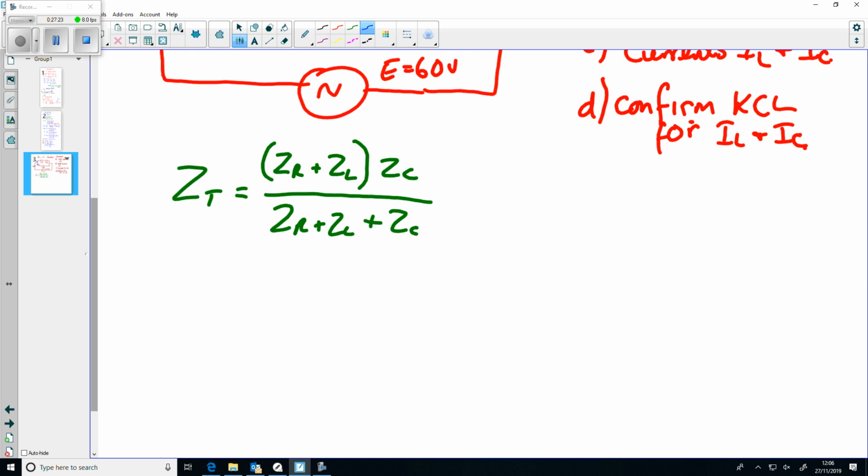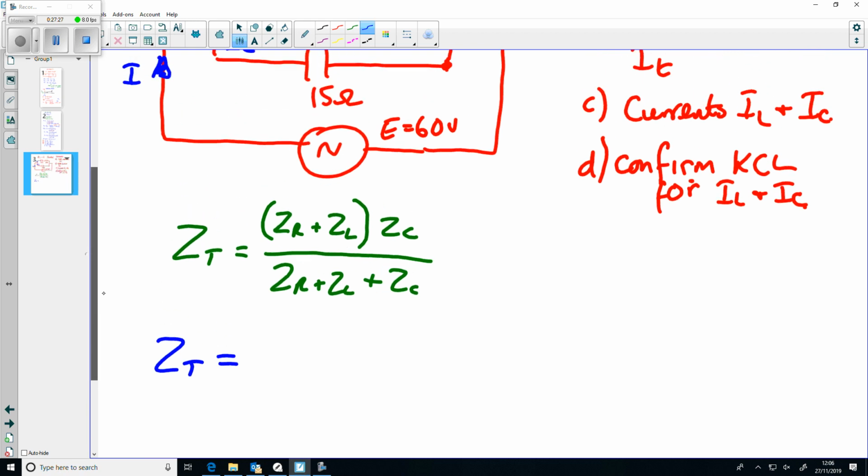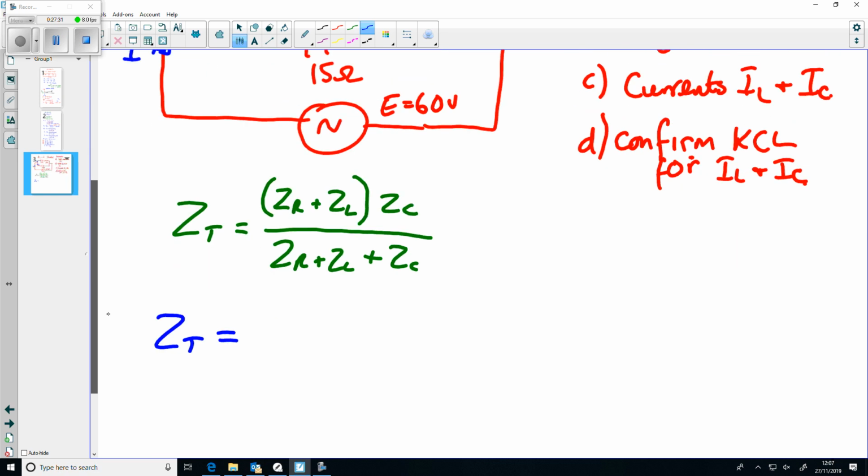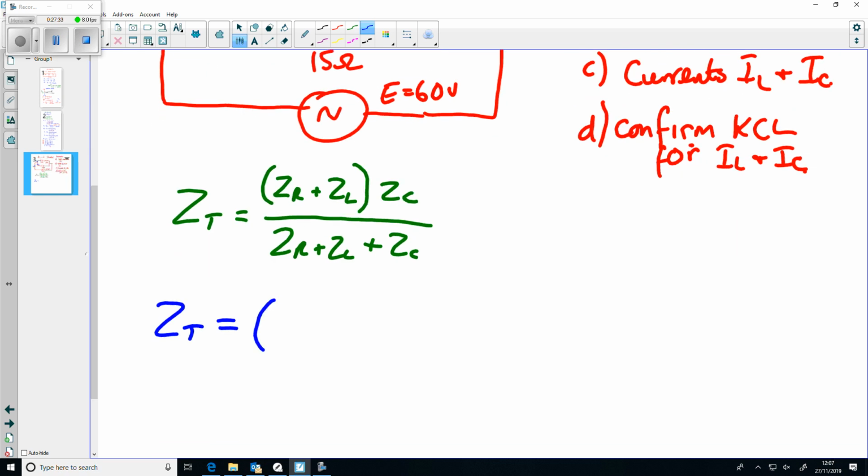So, ZT, what have we got? What's the impedance of the inductor and resistor? It's 5 plus 10J. We've got to multiply that by the impedance of the capacitor, which is 0 minus 15J.